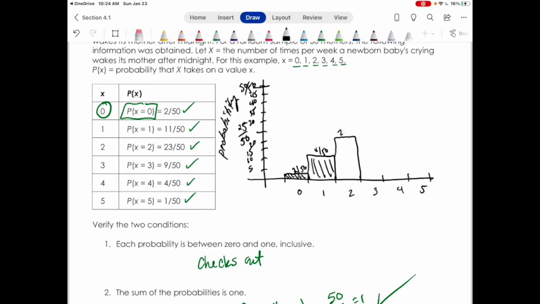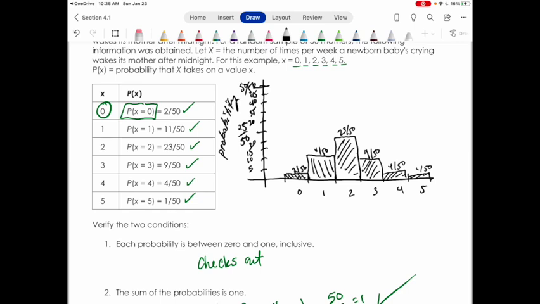Then for x equals 2, it's going to go up to 23 out of 50. Then for x equals 3, that's going to go back down a little bit to 9 out of 50. And then bar 4 is going to be 4 out of 50, and 5 is 1 out of 50. So this is what the graph of our probability distribution looks like. I wanted to give you a visual representation of what's going on here.